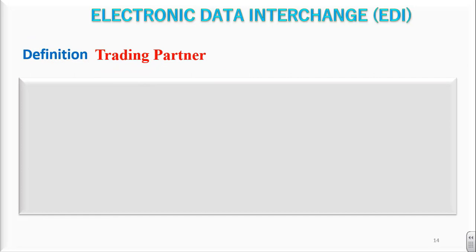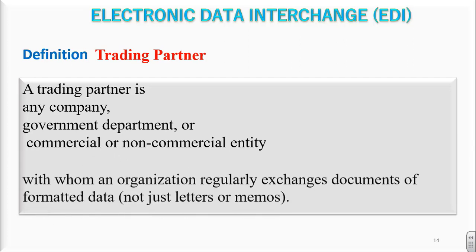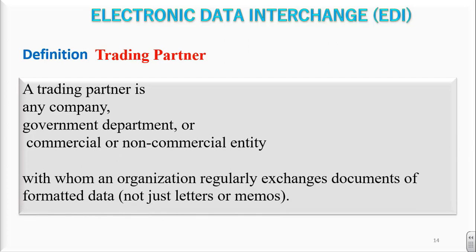Trading partner, we have already defined it. Once again we define it here. A trading partner is any company. It can be a government department or a commercial or non-commercial entity with whom an organization regularly exchanges documents or formatted data, not just letters or memos.